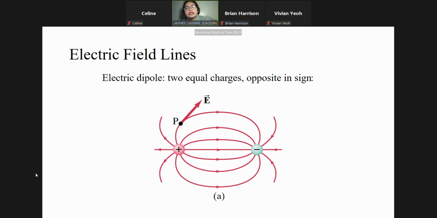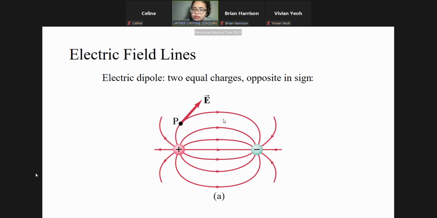The tendency of an electric dipole is that the positive charge moves away, and the negatively charged one moves inward.